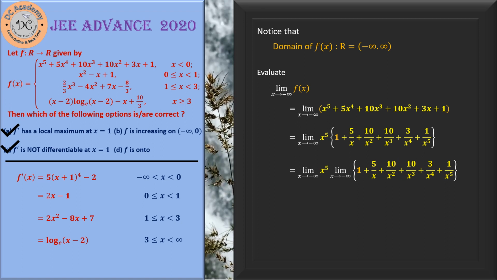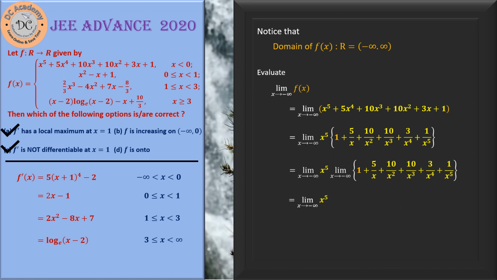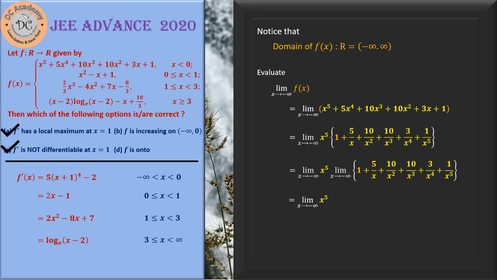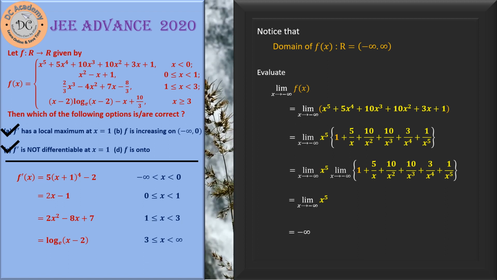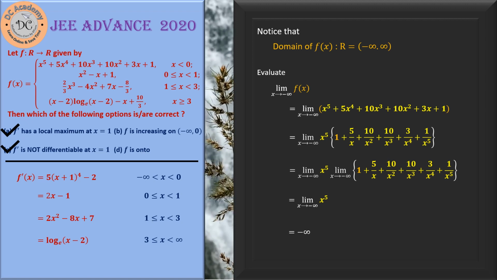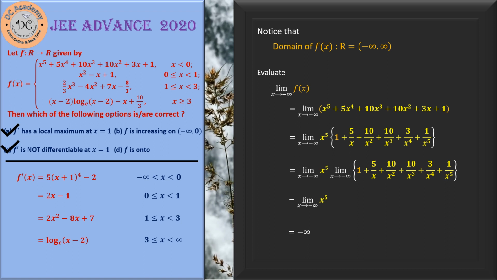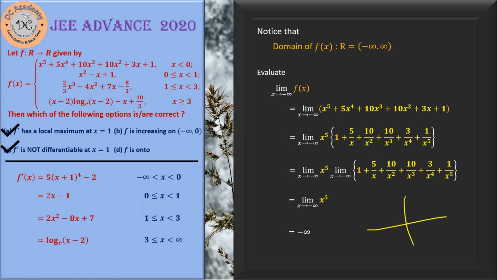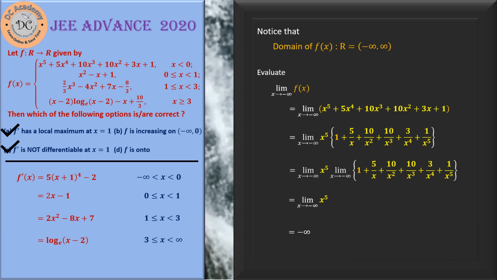So the second limit will be equal to 1. So it will be equivalent to x to the power 5, which will be equal to minus infinity. So the function has no lower bound. It is not bounded from below. If we plot the function, there will be some values in any region below. That's it. Let's go ahead.